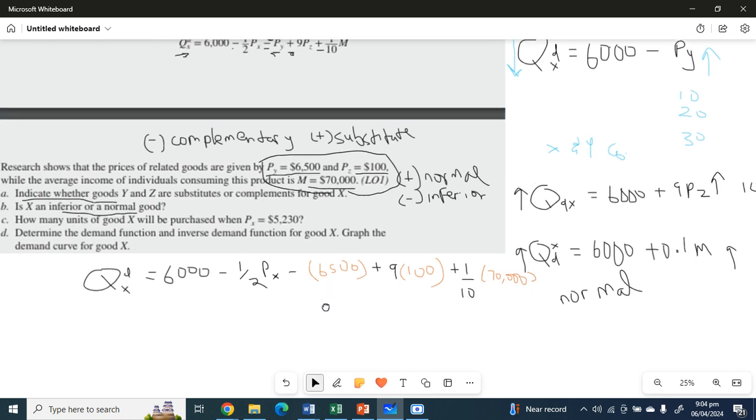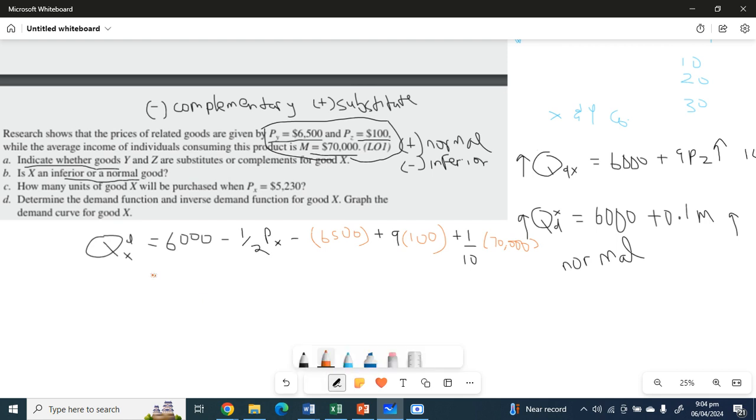So we simplify, it's going to become 6,000 minus half PX. So here we get negative 6,500. 9 times 100, that is 900. 1 over 10 times 70,000, you get plus 7,000.